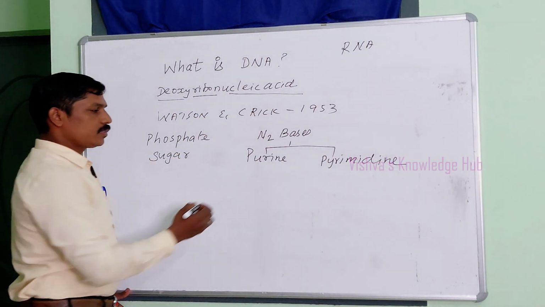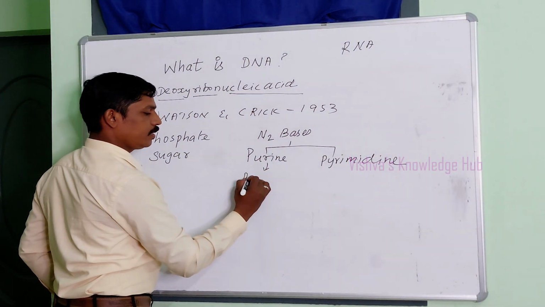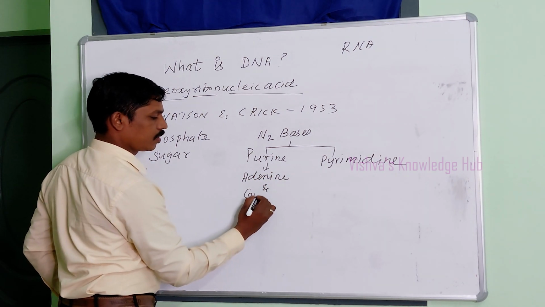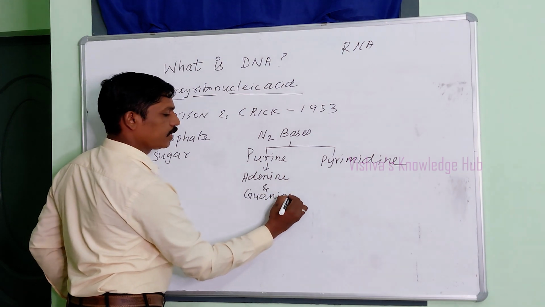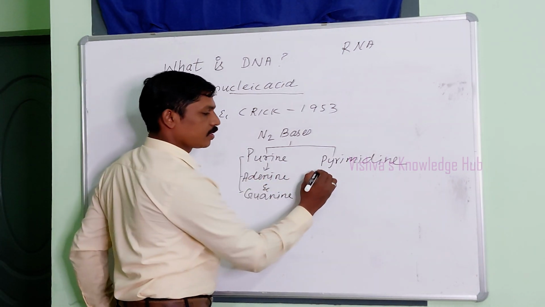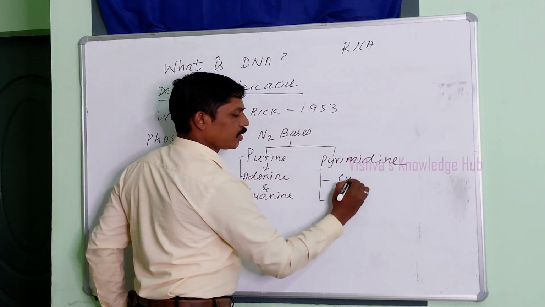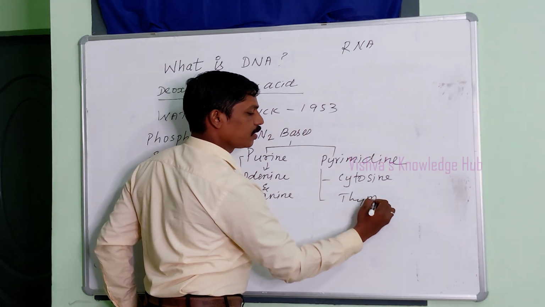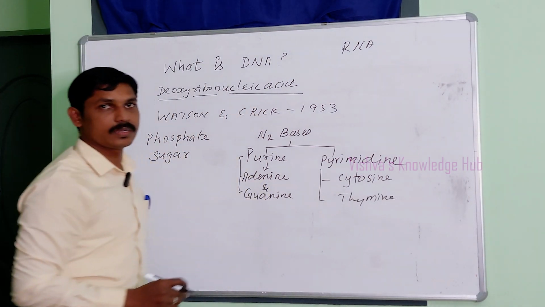What are the purines? Adenine and guanine. The adenine and guanine are the purines, whereas cytosine and thymine are the pyrimidines.